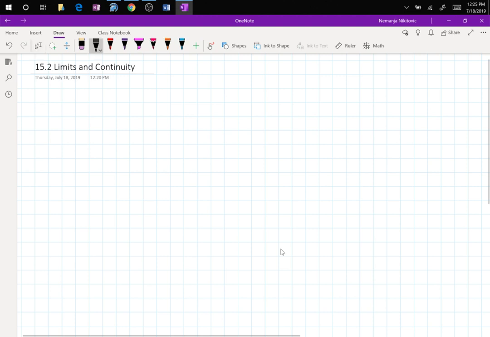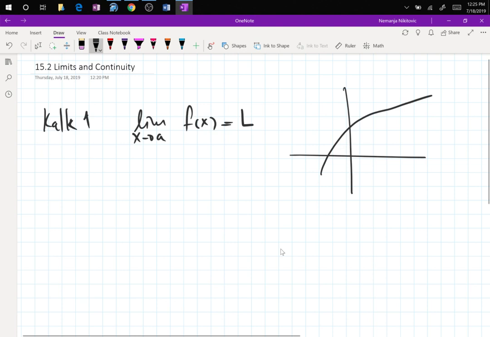So going back to Calc 1, let's start there. In Calc 1, we have the limit as x goes to a of f of x giving you some value L. And the graph that we can draw along with it would be something like this. You are considering the value a, and it's supposed to produce the answer L. Now the way this happens is we approach a.